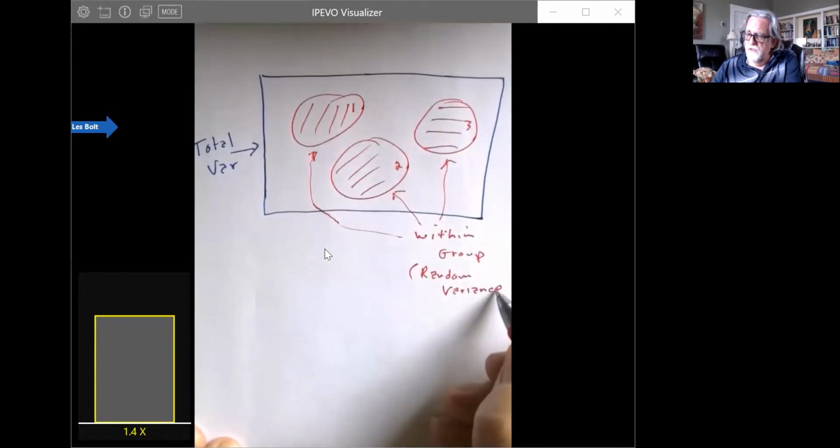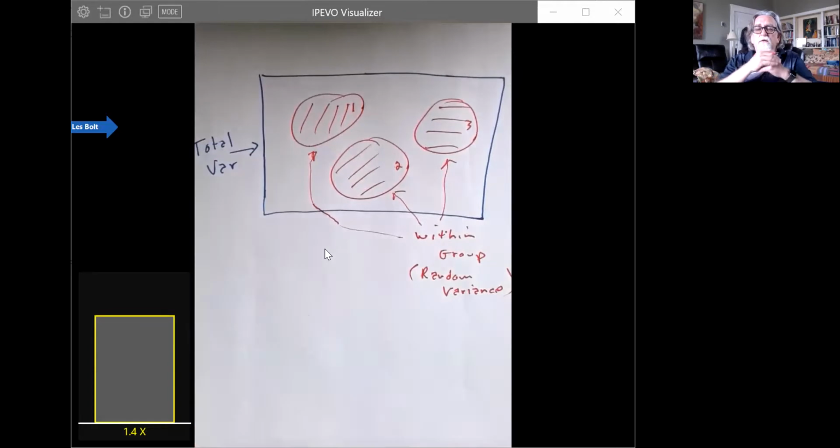Now, there may be instances in which the variance within the groups is not random, but we are assuming that random variance is most likely to have occurred within the groups. And so if the groups are selected randomly, then we would expect the variance in the groups to be random.